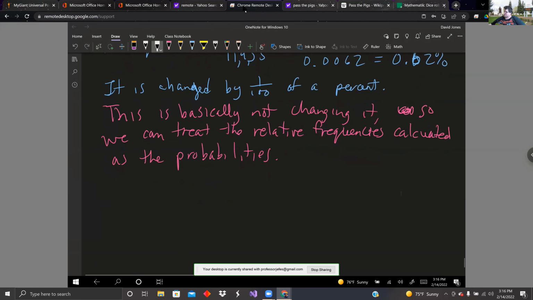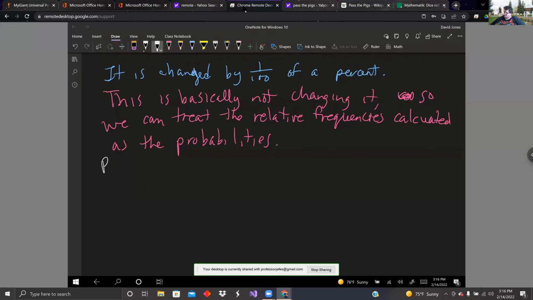So also in this chapter is something called probability models. And I'm going to draw the one for a die.